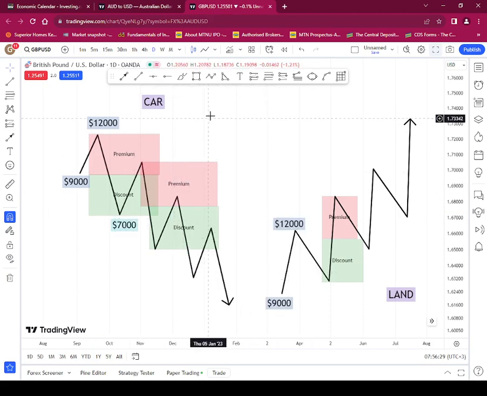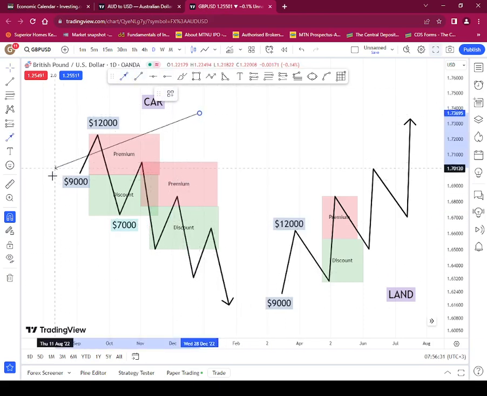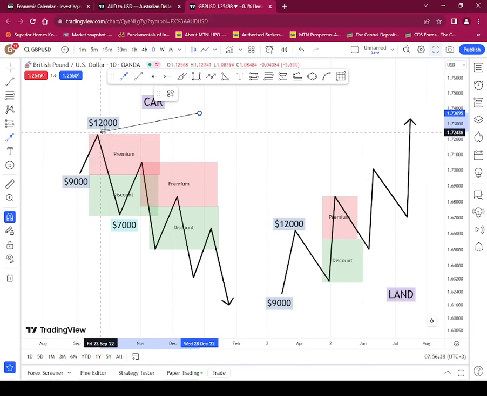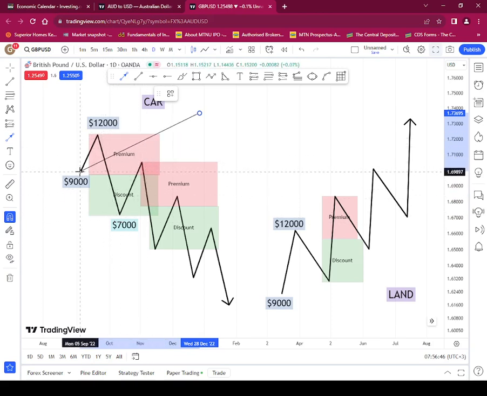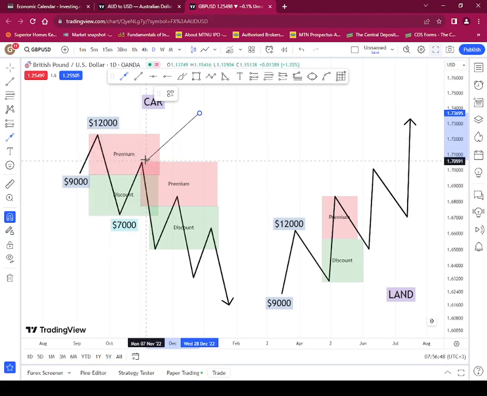It means that the market price at the beginning of the year of this car was $9,000. It shot up to $12,000 and then dropped to $7,000. And then it pushed back up slightly above $9,000 before it went below $7,000.